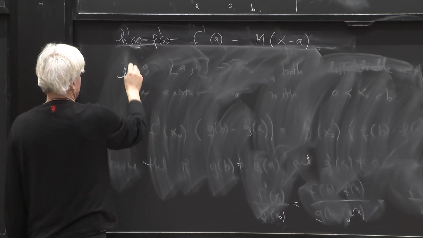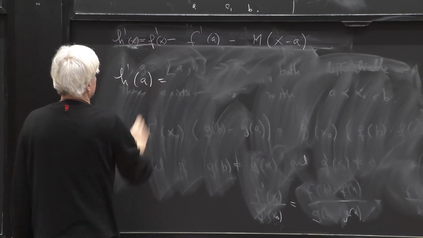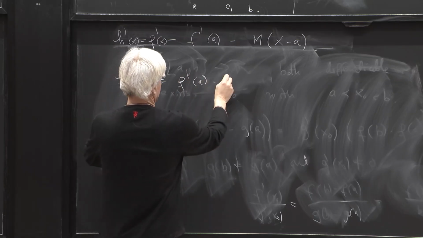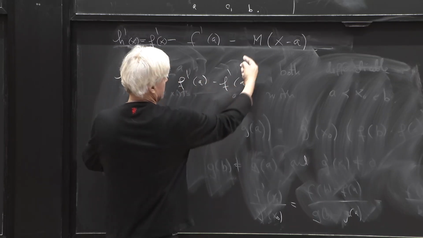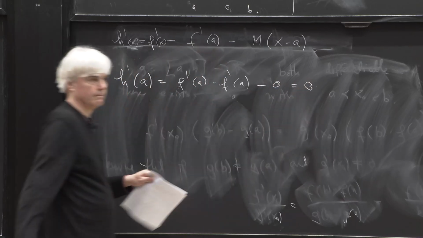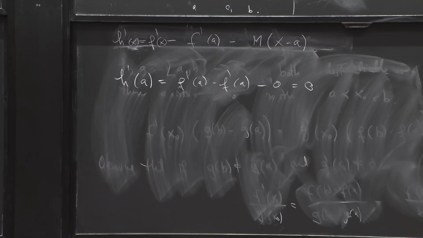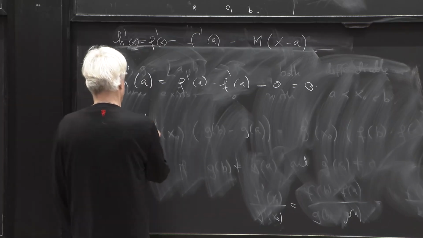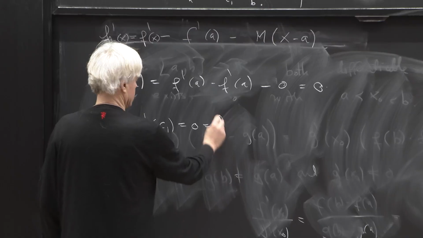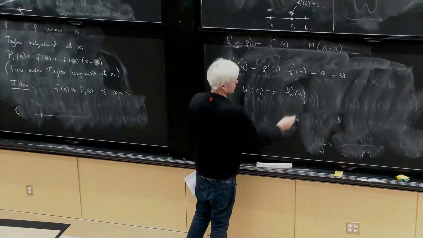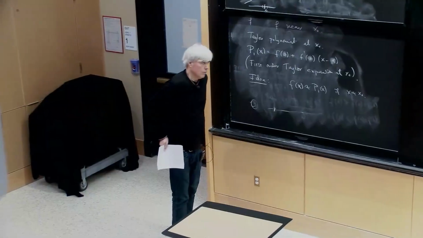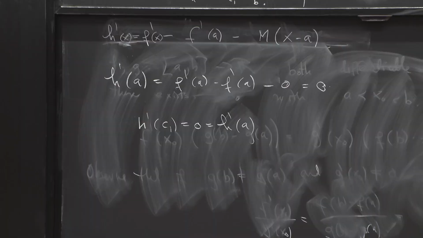But so now h prime at a, this is f prime at a minus f prime at a. This thing here is actually 0. So you see that this whole thing is 0. Right, so what we have is that h prime at c1 is 0, and this is also equal to the derivative at a. Right? So we can apply Rolle's theorem a second time, right?